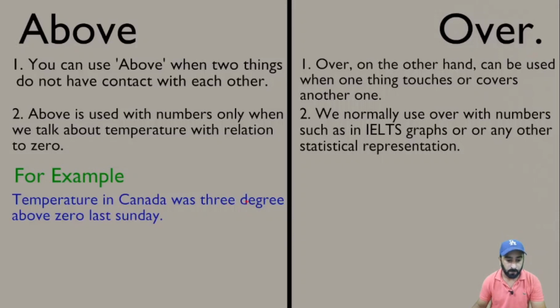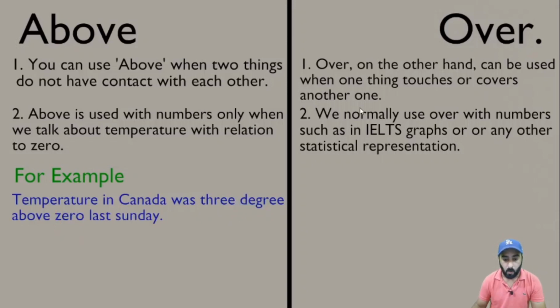So here we are representing the exact temperature figure, 3 degrees, but we have maintained the relation of this temperature with the 0. So it means the temperature was 3 degrees more than 0. So whenever you want to mention a particular temperature, but you want to maintain relation with the 0, you are going to use above. That's very simple.